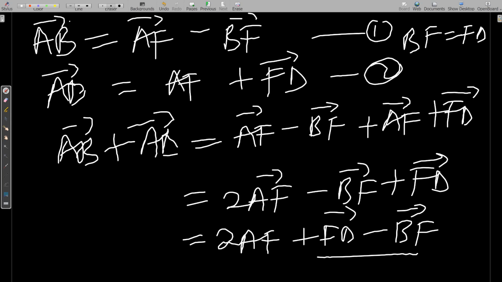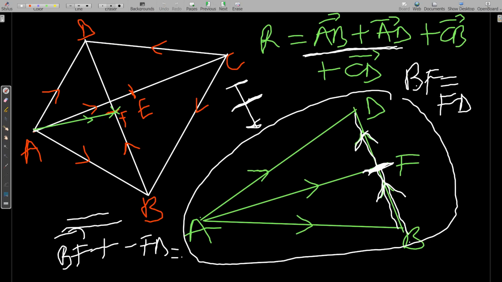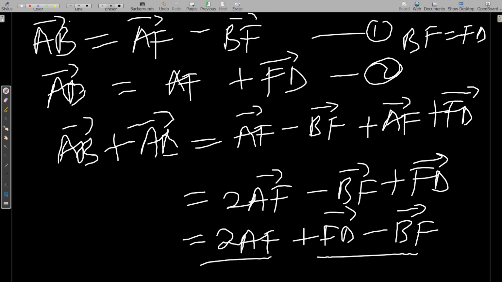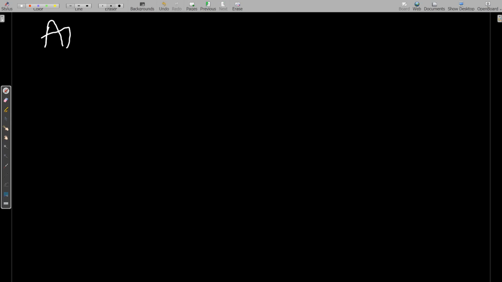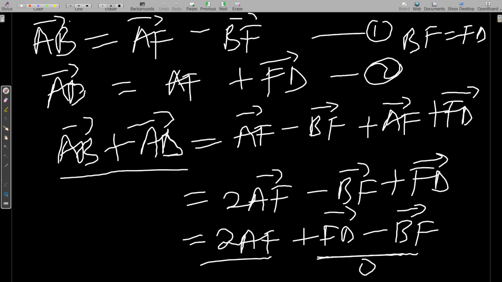This implies that in our resultant formula, AB plus AD is simplifying to 2AF, because this side will give me 0 because they are the same, and if I subtract, I'll get 0.